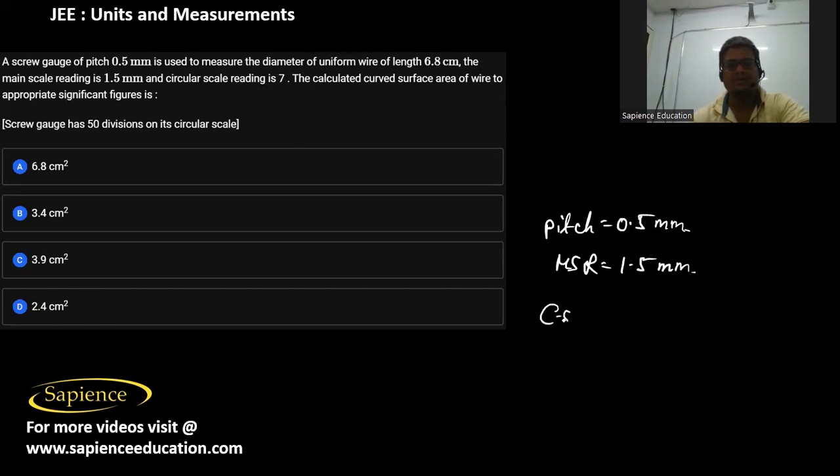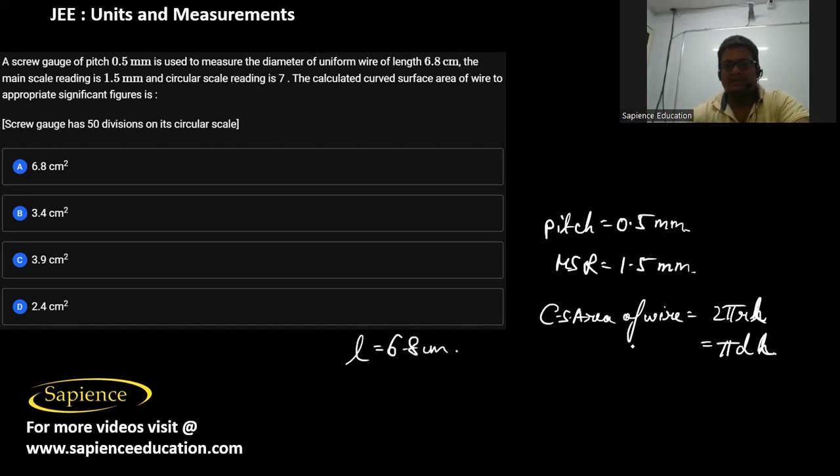So the curved surface area of the wire is given as 2 pi r h, or I can say it is pi dh, where d is the diameter of the wire and h is the length, I can say pi dl, where L is the length of the wire. Length of the wire is 6.8 centimeter. And pi, I can take as 3.1416 approximately.